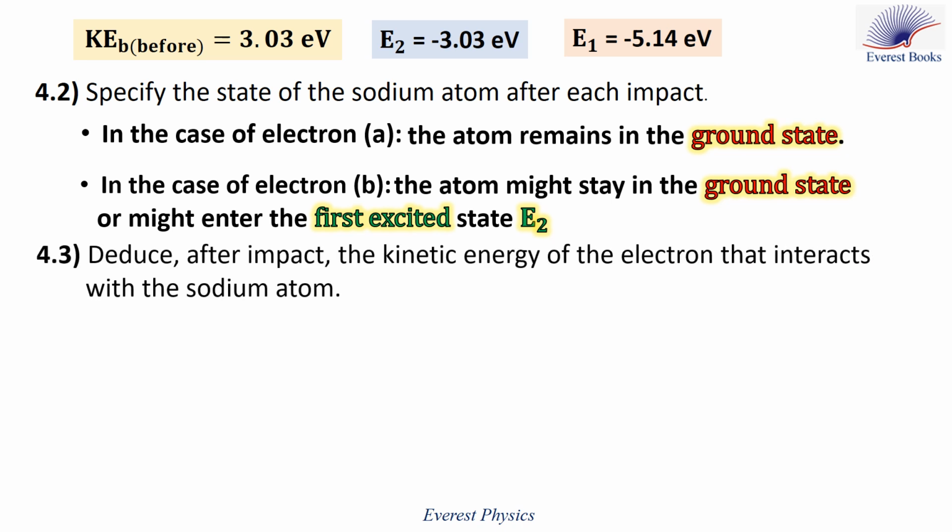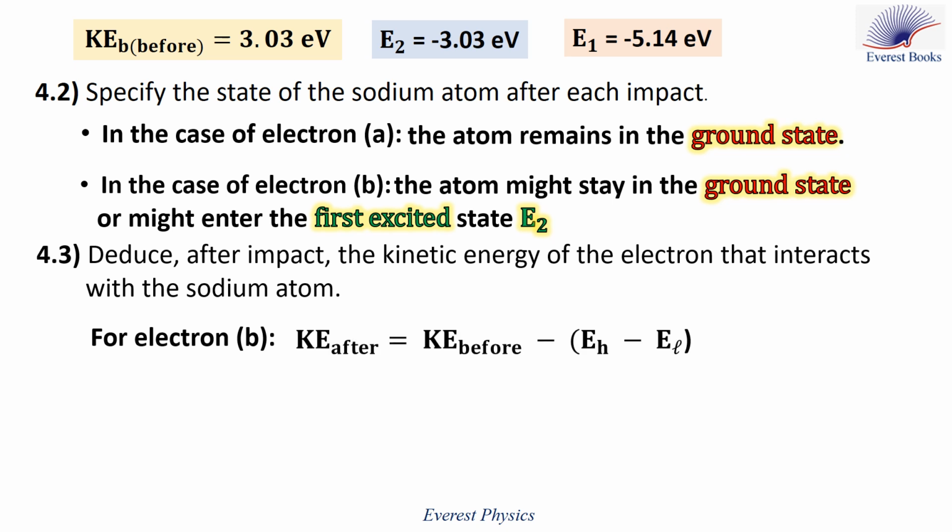4.3. Deduce after impact the kinetic energy of the electron that interacts with the sodium atom. Electron B interacts with the sodium atom. We know that the kinetic energy of the electron after the impact is given by the kinetic energy of the electron before the impact minus EH minus EL.